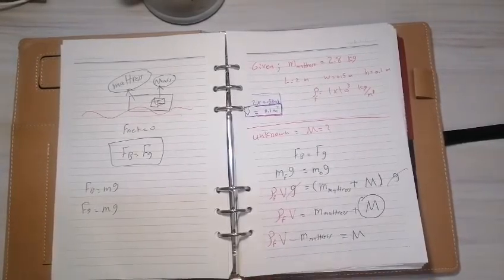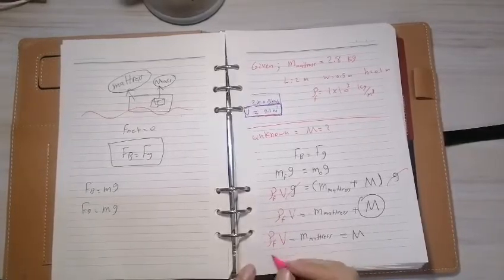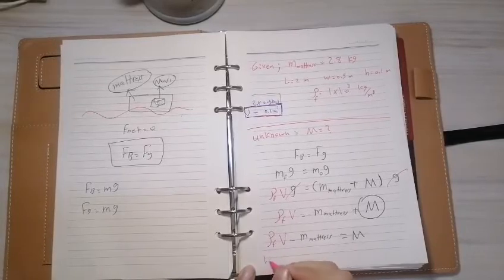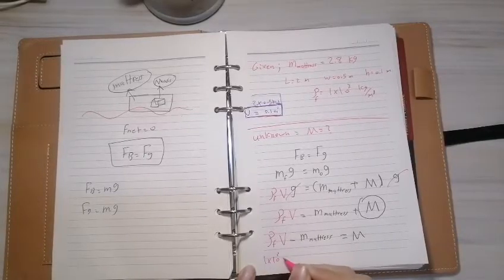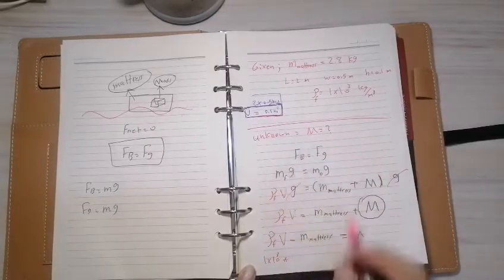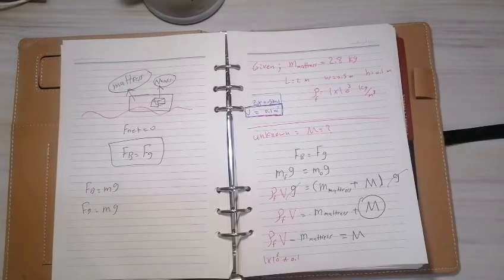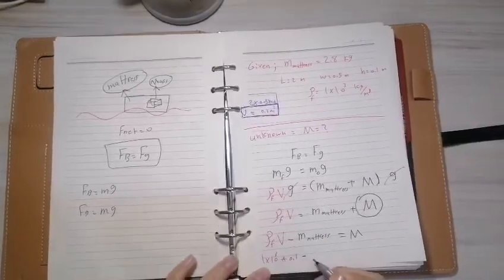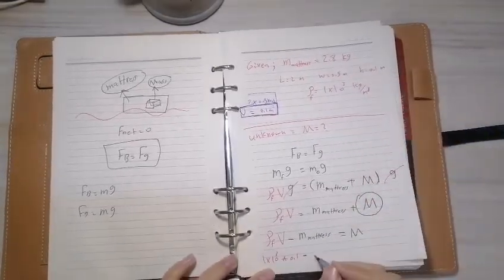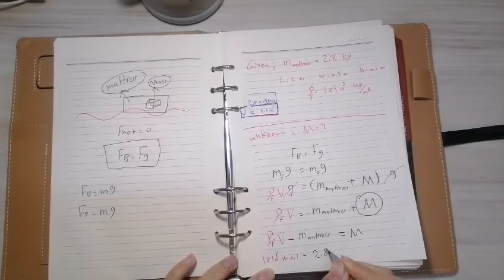So the number here for the density of the fluid is, of course, 1000 because the fluid that we have is water. Multiplied by volume, we found volume, it was 0.1 cubic meter, minus the mass of the matrix. What was the mass of the matrix? It was 2.8 kilogram.